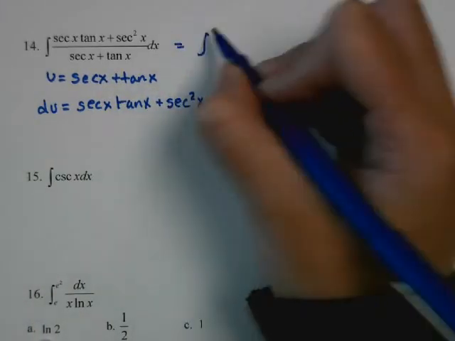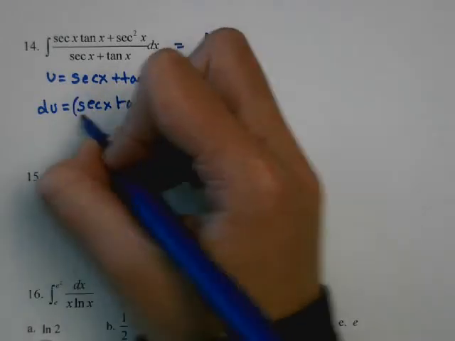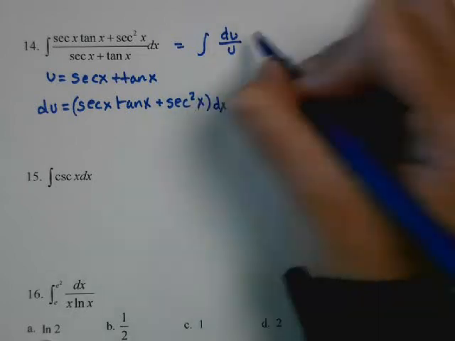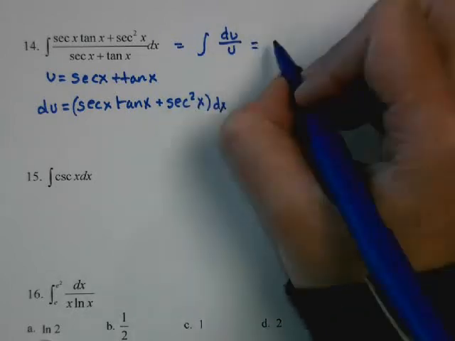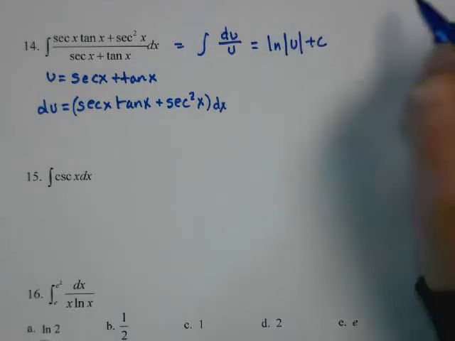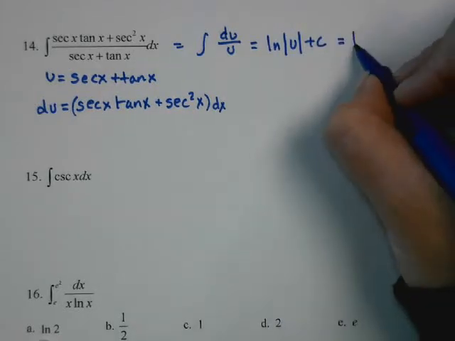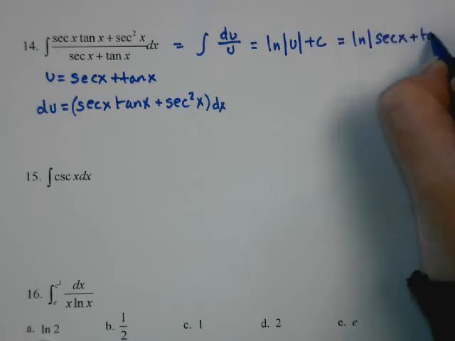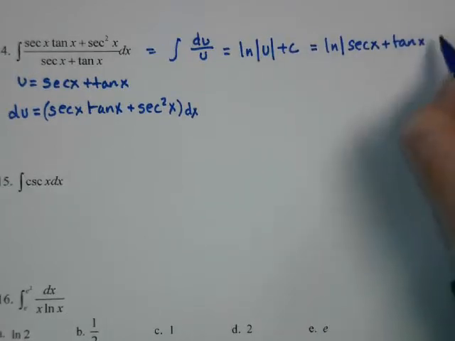So this is the integral of du over u. So that's going to be the natural log absolute value of u plus c, which is going to be the natural log of secant of x plus tangent of x plus c.